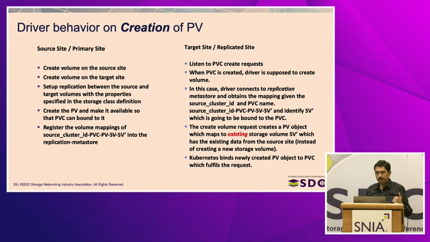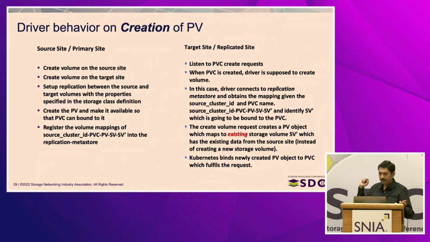The request has come from PVC, so I know PVC. Now I have to find SV dash, so which volume I want to assign to this PVC. Because I have this mapping and I have PVC, I already have the SV dash information as well.